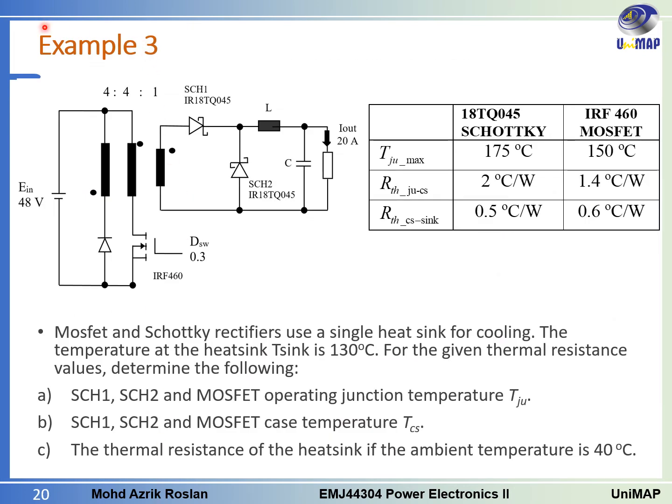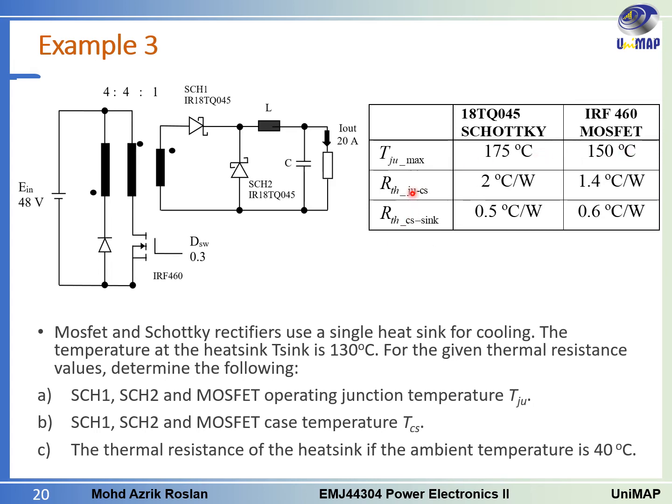This is example number 3. In this example we are still using the forward converter. We are given several thermal characteristics. The first is the maximum junction temperature for Schottky and for Mosfet.